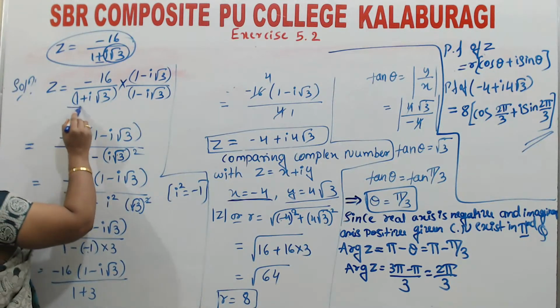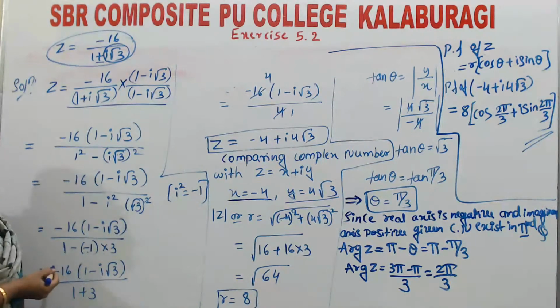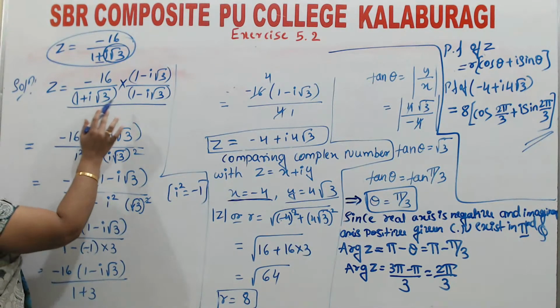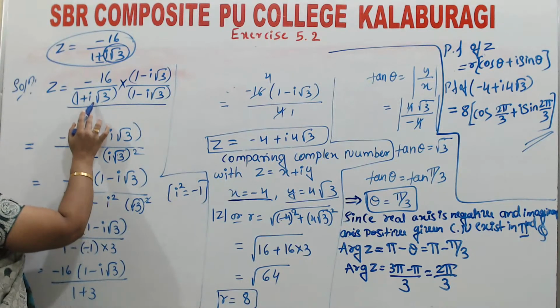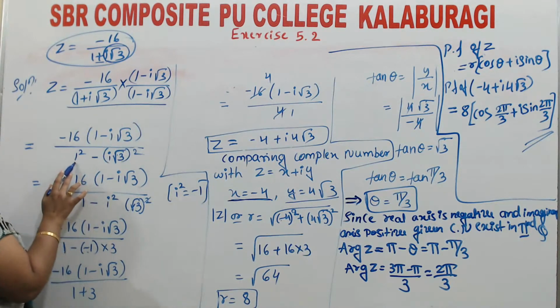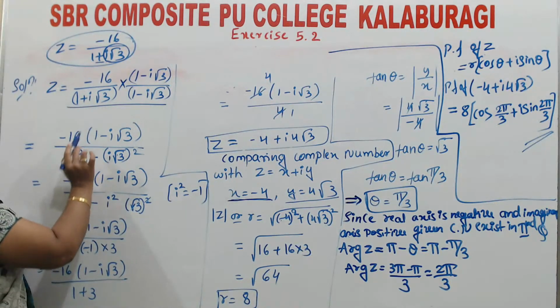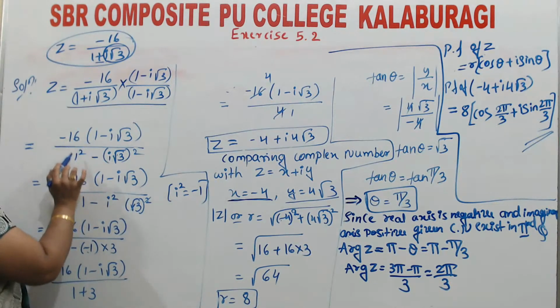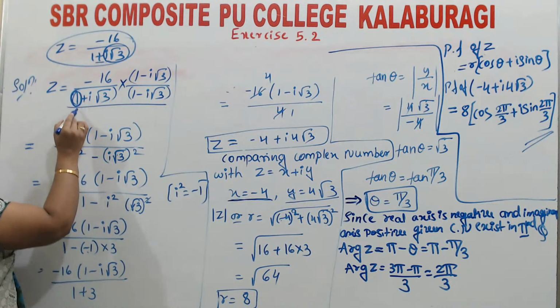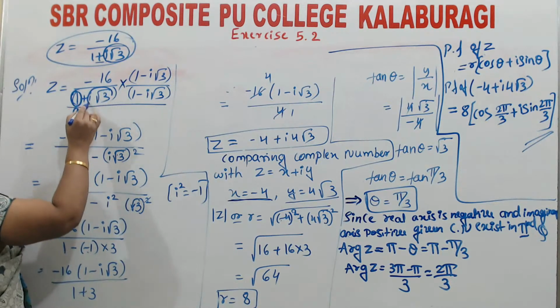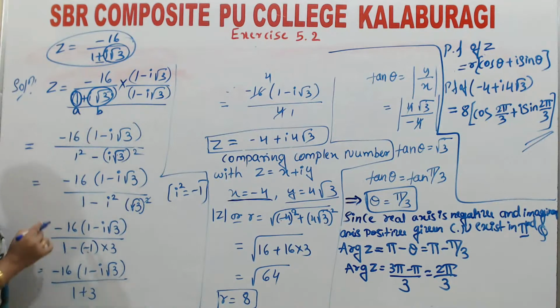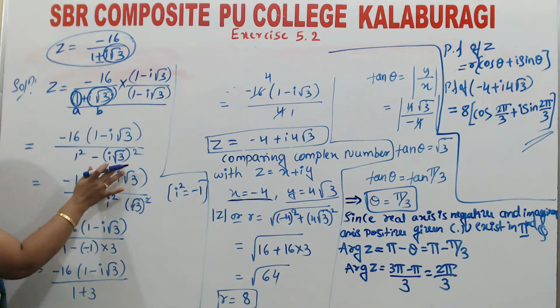Then the denominator term is in the form of a plus b, a minus b. A plus b, a minus b is equal to a square minus b square, right? So the numerator is kept as it is. In the denominator, a square. In place of a, what is there? 1. In place of b, i root 3. Therefore, a square minus b square.